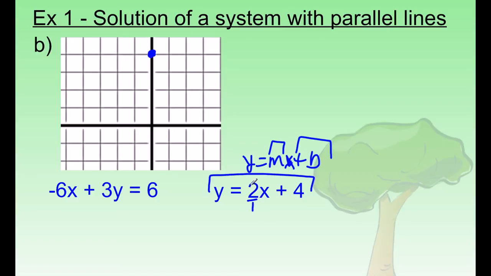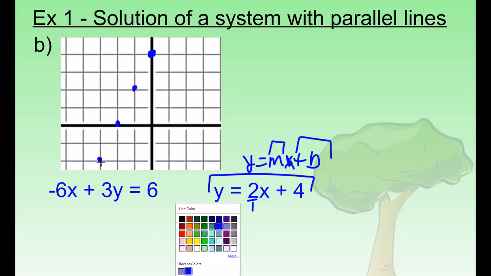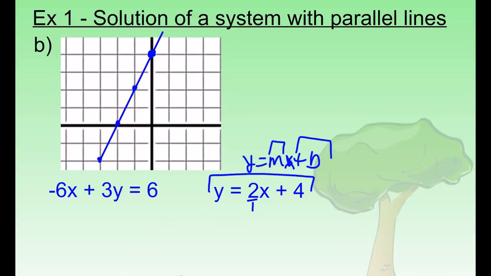So I'm going to go up 2 over 1. And I can't go up any further, so I'm going to have to do the reverse: down 2 over 1 the other way. And that gives me my blue line like this.